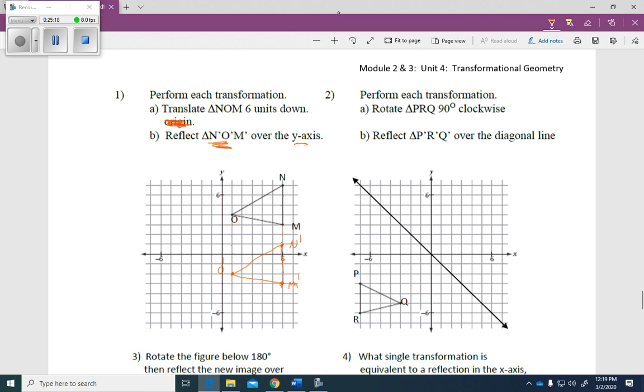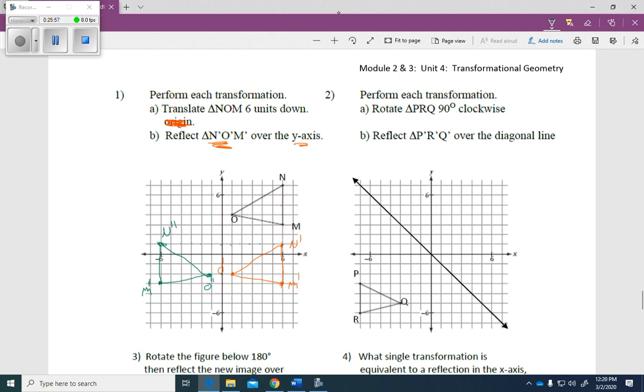And reflect over the y-axis. So O is 1 away. N prime is 1, 2, 3, 4, 5, 6. So 1, 2, 3, 4, 5, 6. And M, there we go. And you do have to be able to write down the coordinates if necessary. Here they're not asking me to.